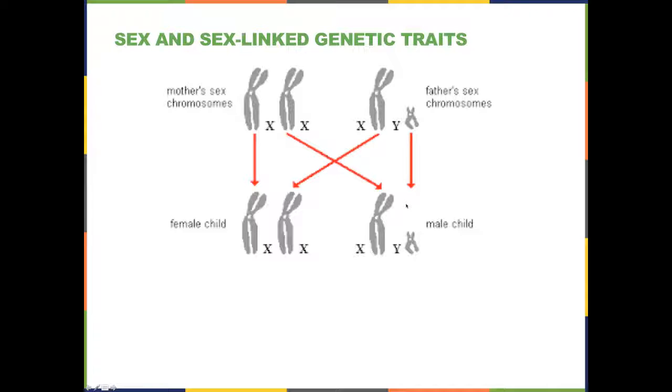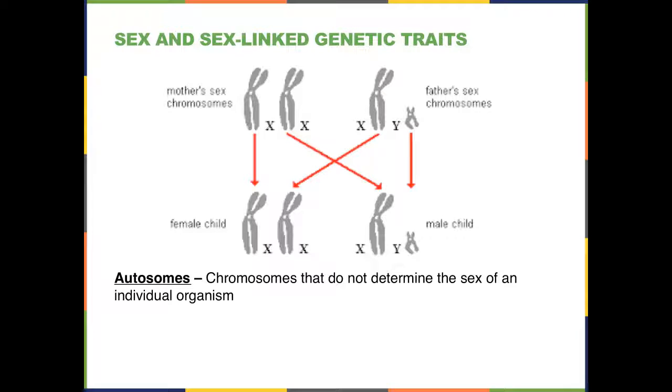Now let's change and look at something that's very important in human genetics and Mendelian genetics. Although it was not described by Mendel, most of the work on this was done by Thomas Hunt Morgan, after whom the Thomas Hunt Morgan Biology Building at the University of Kentucky is named. He was actually a student at the University of Kentucky, but he did almost all of his work at Columbia.